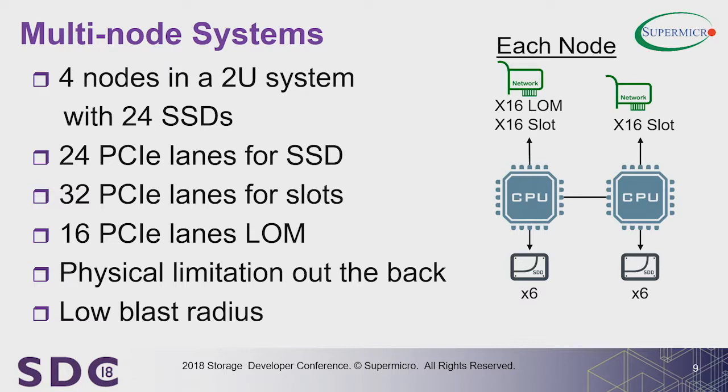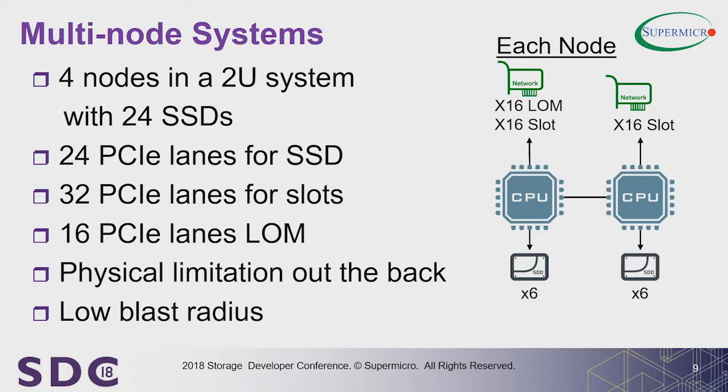Each node has 6 drives, so that means 24 lanes of PCIe. That leaves you 32 lanes for slots and 16 lanes for your LAN. So now I can have a lot of bandwidth going out, and now think about that ratio. Now I actually have more bandwidth out in my network than I do to my drives, but there's still a physical limitation out the back because each node is pretty small, right?